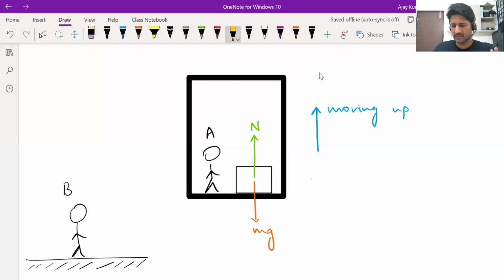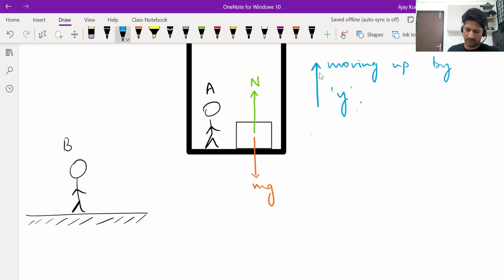Now let's say the elevator moves up by a distance, let's consider y. If the elevator is moving up by a distance, the person on the ground will be able to notice that. The person standing inside the elevator won't be able to notice that.